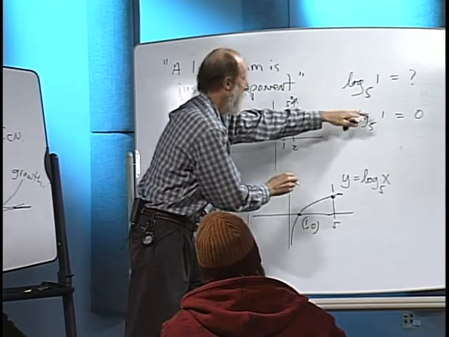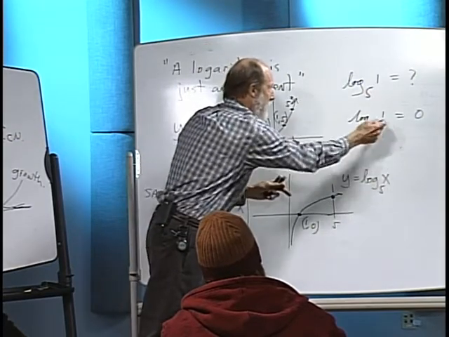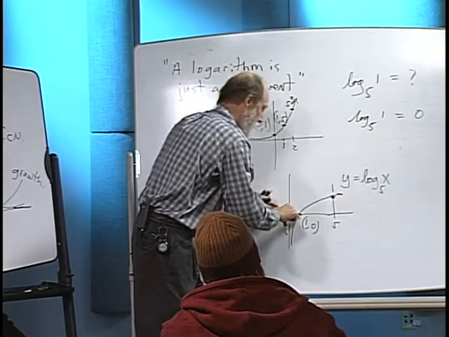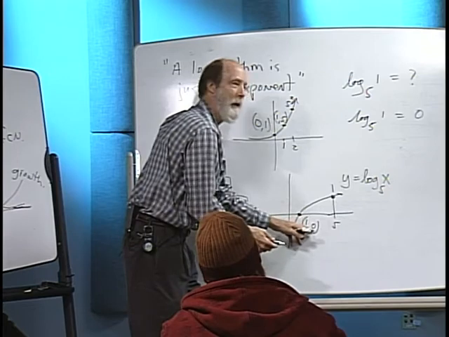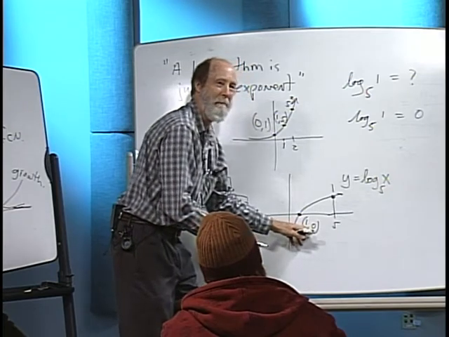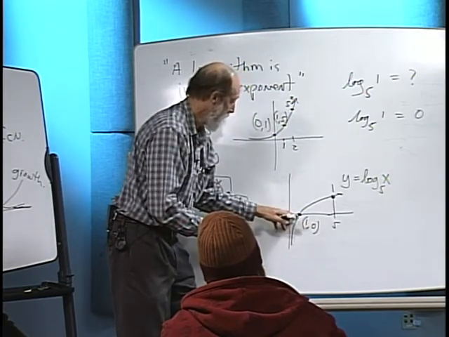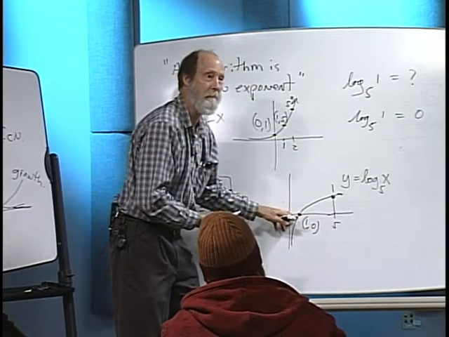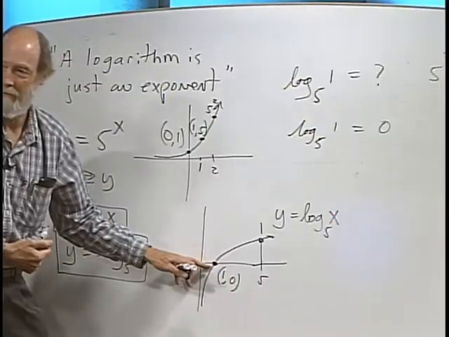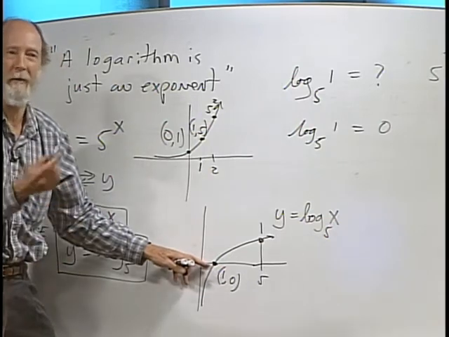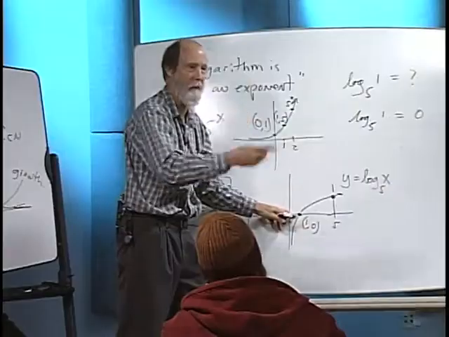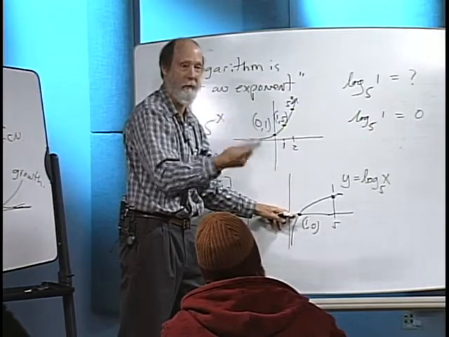What's the input? What's the input? 1. So you go over to 1, and the output value is 0. This is your x-intercept of this logarithm. This is the x-intercept of the logarithm. These take some practice. Just like everything, as you learn something new, it takes repeated practice to become proficient with it.